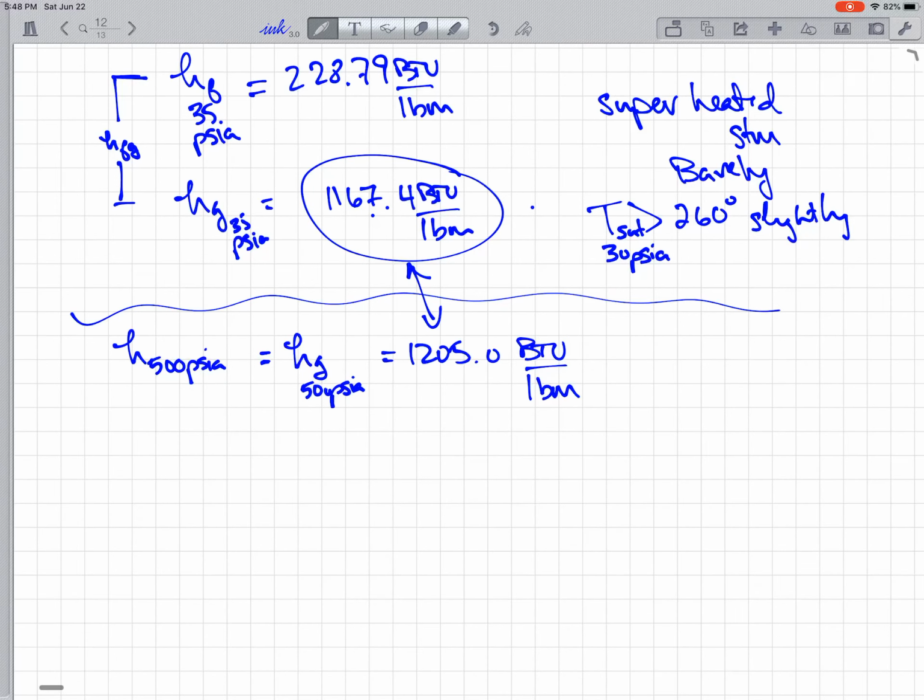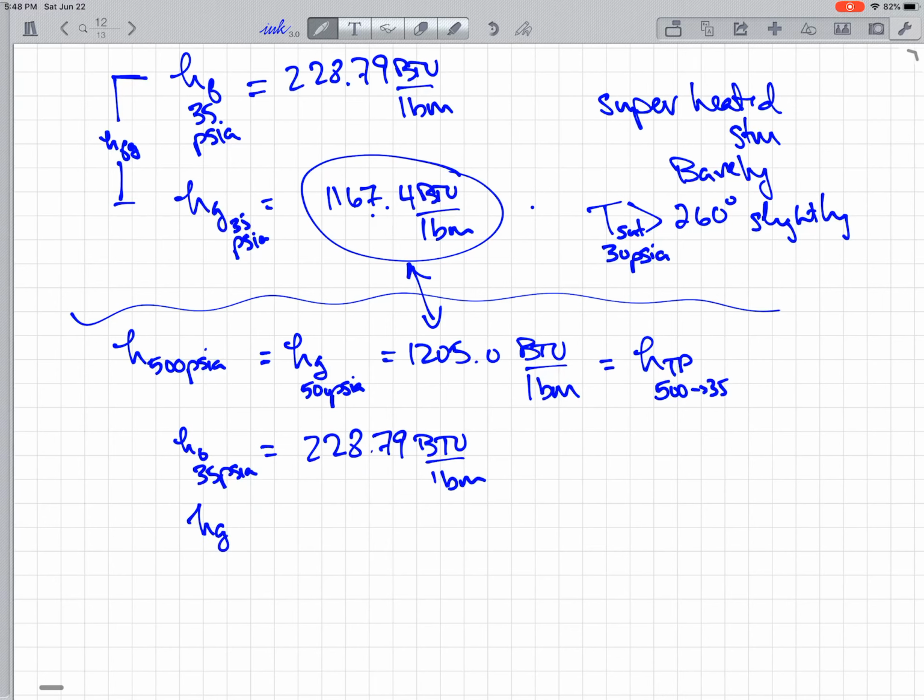So compare those two. All right, so this is also going to equal enthalpy of the tailpipe at 500 to 35. Now if you remember, does that fit between H sub F at 35 psia of 228.79 BTUs per pound mass and an H sub G at 35 pounds of 1167.4 BTUs per pound mass?